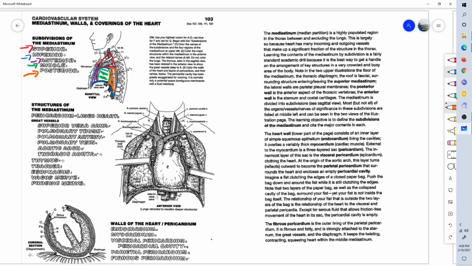The inferior border of the mediastinum is the diaphragm, the diaphragm muscle.